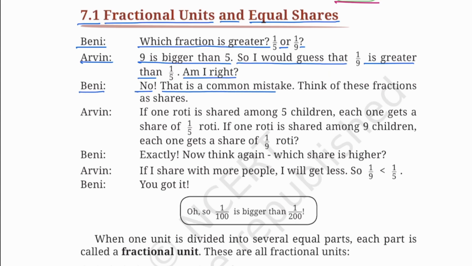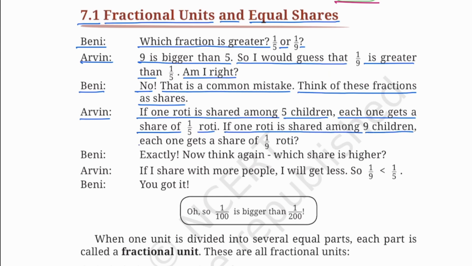No. That is a common mistake. Think of these fractions as shares. If one roti is shared among 5 children, each one gets a share of 1 upon 5 roti. If one roti is shared among 9 children, each one gets a share of 1 upon 9 roti. Exactly.